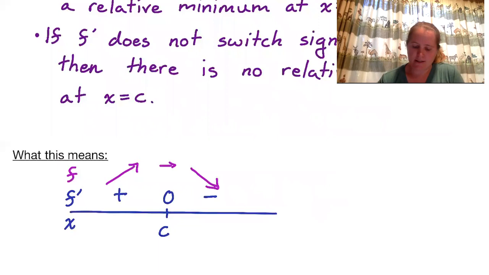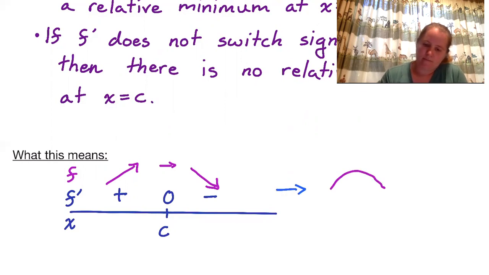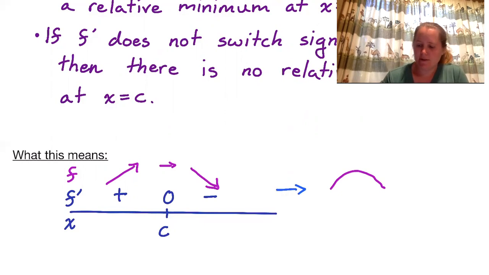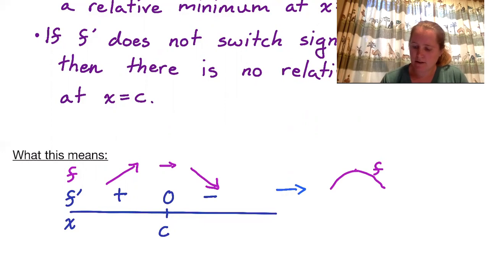Then at least near c, this is what our graph of f would look like. And so we have a relative maximum.